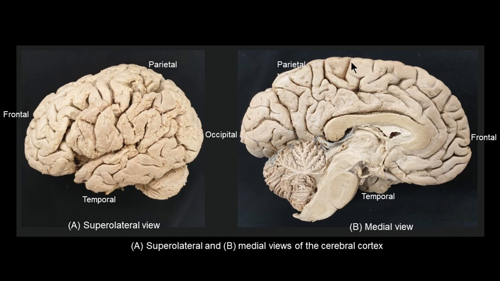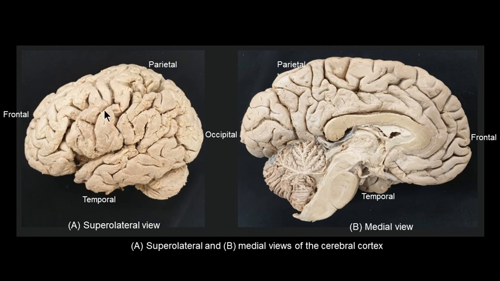So let's just go back to the lateral view over here. Remember, we said that in front of the central sulcus, we've got a sulcus called the precentral sulcus, and behind it, we've got a sulcus called the postcentral sulcus.